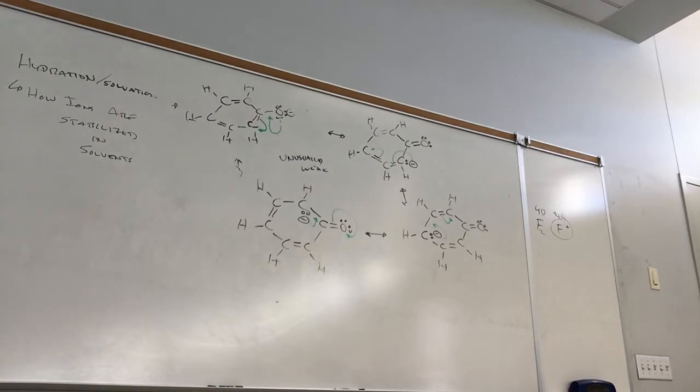And so this brings up the point, why is sodium chloride, with a bond energy, we don't call it bond energy for ionic compounds, we call it lattice energy. And we'll talk about lattice energies in chapter 12. Why is sodium chloride with almost 800 kilojoules per mole of bond energy, why does that dissolve in water?